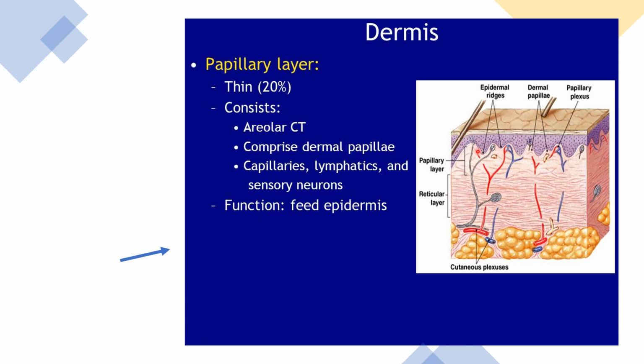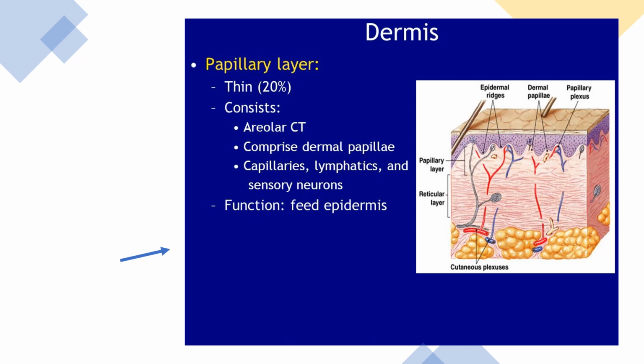There's a basal lamina running right along this interface. And so you can still get diffusion, you can still get sensory function without actually having to penetrate the epidermal layer by having these papillae. These papillae are cone-shaped structures.